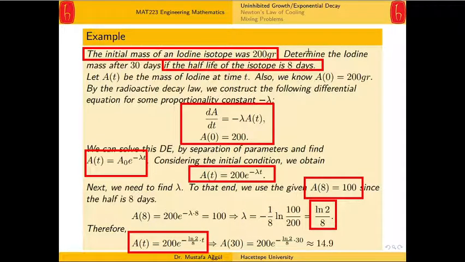It asks us about finding the amount of iodine after 30 days, so it's basically A(30). A(30) is equal to the value of the right hand side at t equals 30. If we substitute t equals 30, we see 200 times e to the negative lambda times 30, and this is approximately equal to 14.9 grams. So this is our solution.